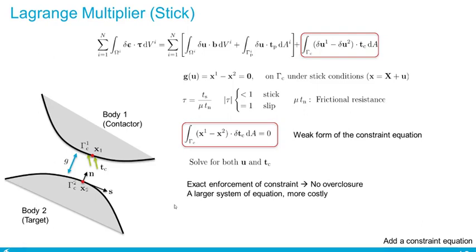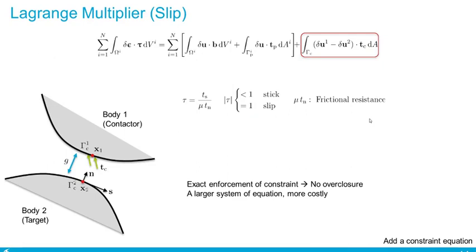While in the tangential direction, we also have a slip situation when the absolute value of tau equals 1. And for this, we need to modify the constraint equation and correspondingly the weak form of it, because now we are only enforcing the normal direction. So we first decompose our tc into the normal and tangential components, and then we modify the constraint equation.